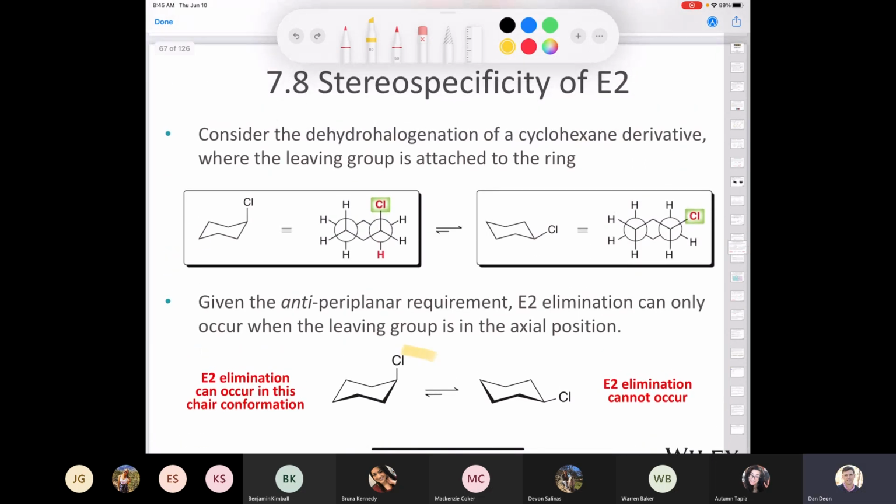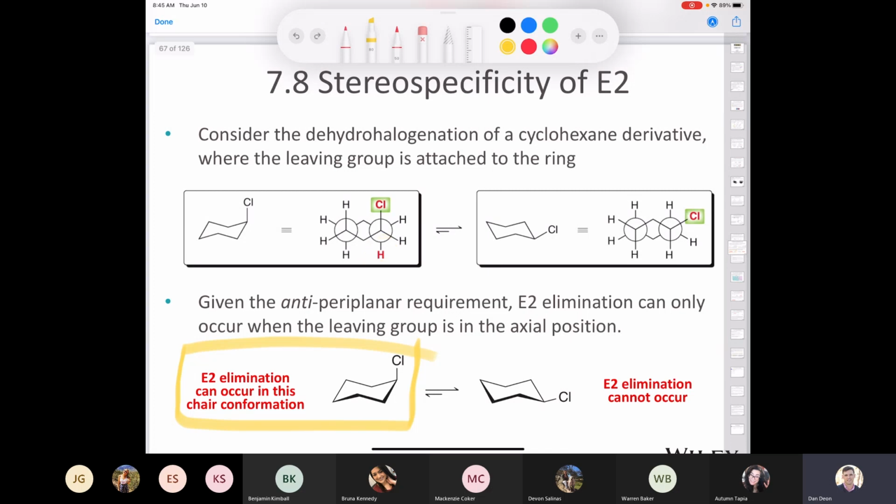An E2 elimination can occur when your leaving group is axial, and cannot occur when it is equatorial. Again, I'm repeating myself: in order for the elimination to occur, the leaving group has to be axial, and of course the proton that is anti-periplanar to it would also be axial.